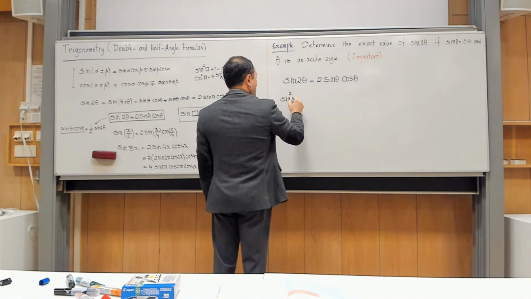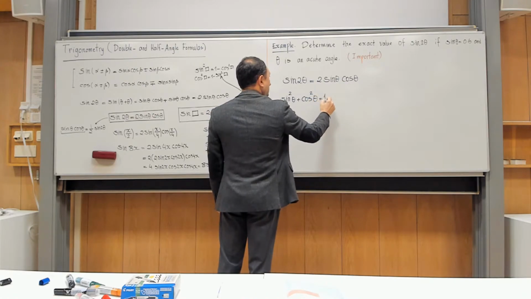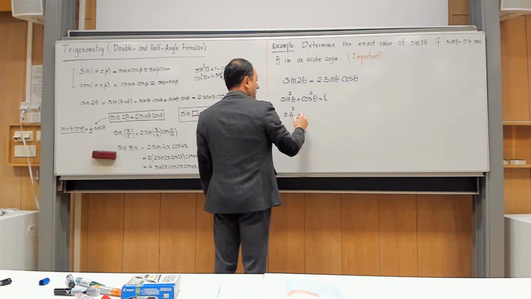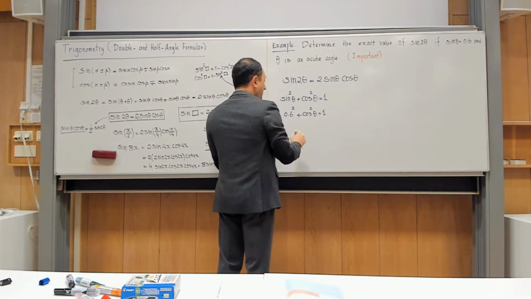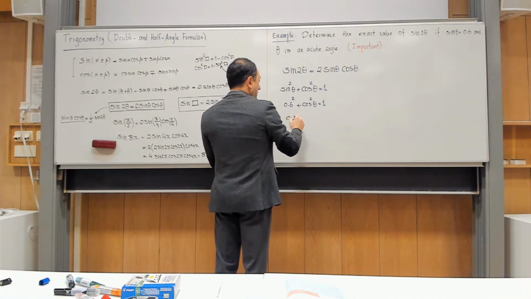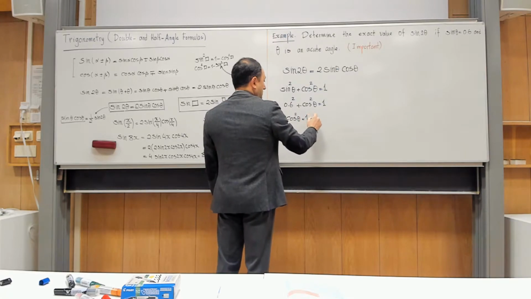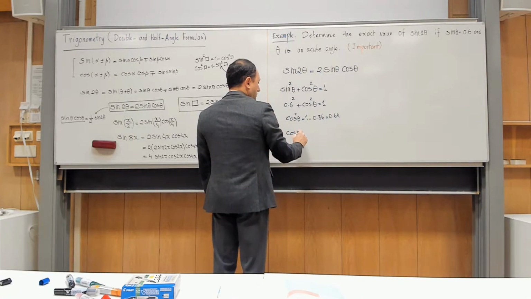So sine theta squared plus cosine theta squared is equal to 1. And sine is given to be 0.6, so 0.6 to the power of 2 plus cosine squared theta is equal to 1. And then what you get is that cosine squared theta is equal to 1 minus 0.36, which is 0.64. And then cosine theta becomes what?